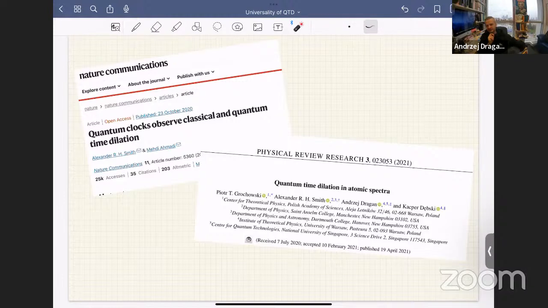And spectral measurements are very precise. And in fact, they are one of the most precise measurements that can be carried out.